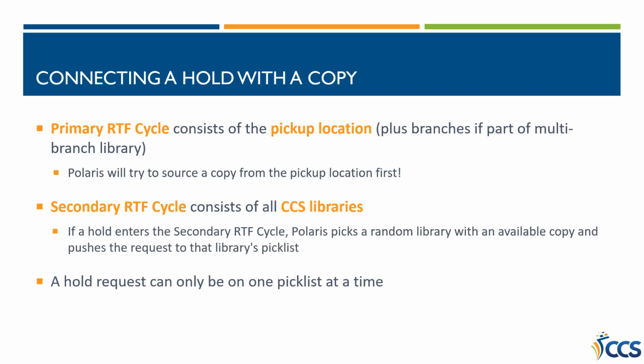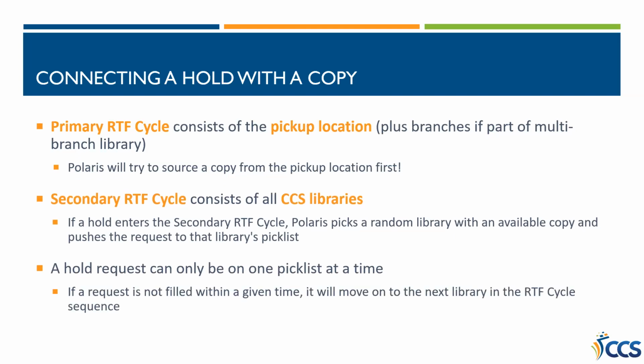Now, a hold can only be on one pick list at a time. So if it's not filled by that library in a given time, the request is going to move on to the next library in the RTF cycle sequence, and it's going to repeat that process until it's filled.